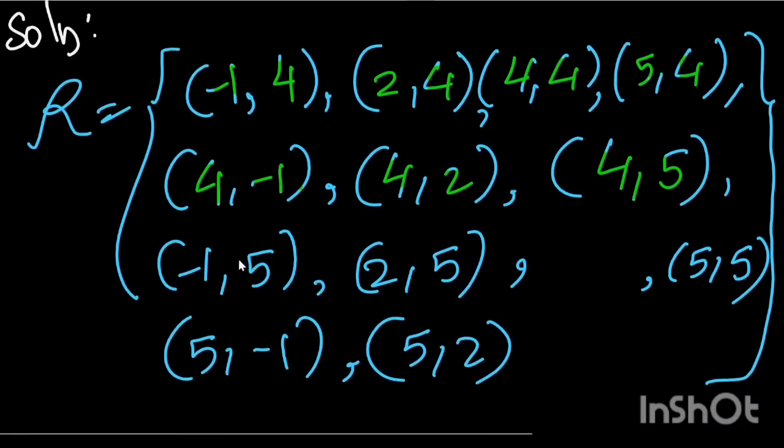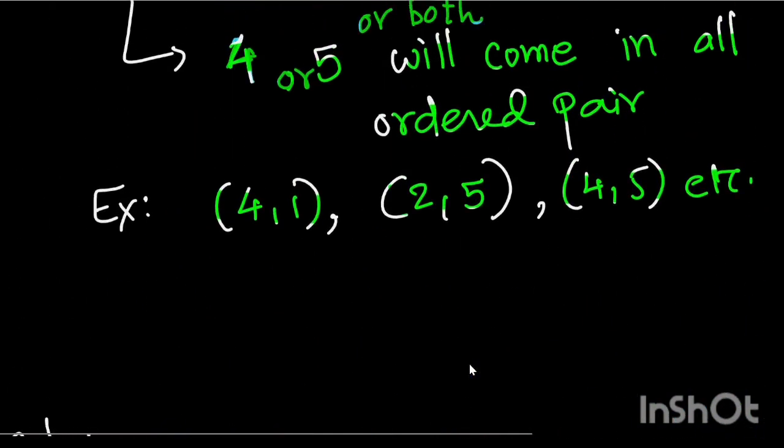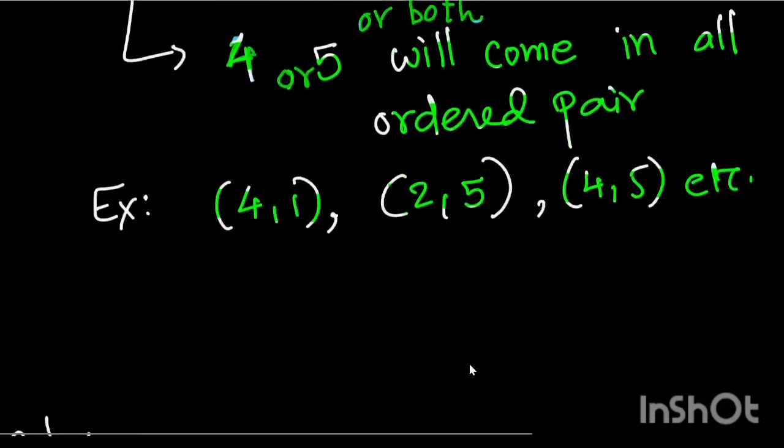Similarly 5 in the last we will take. So other values would be -1, 2, 4 we have already taken, (5, 5) we will take, then 5 in the first place, so other values -1, 2 we will take. So all these are the ordered pairs which constitute the definition max(x, y) is 4 or 5.